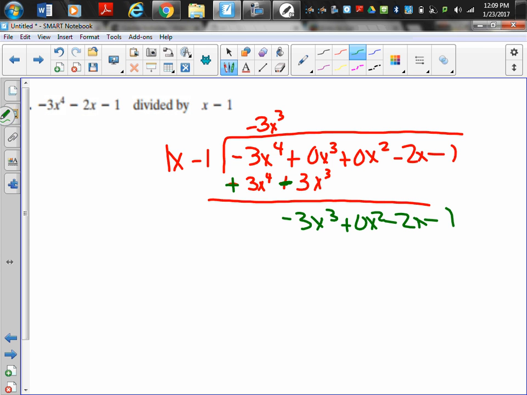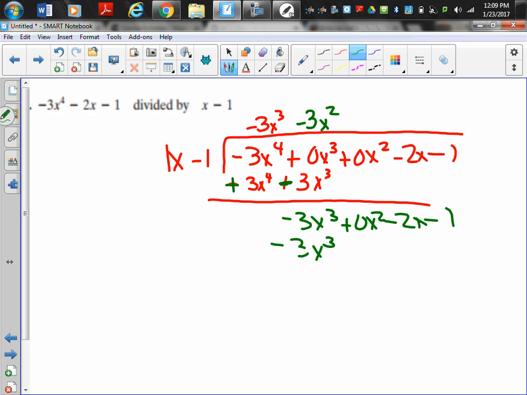Alright, so 1 times what is negative 3? X times what is x cubed? X squared. Negative 3 times 1 is negative 3x cubed.